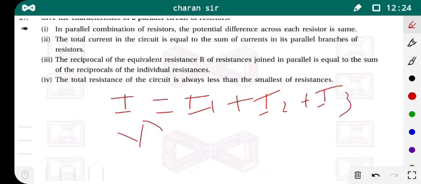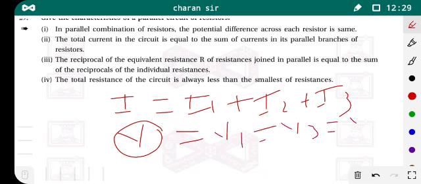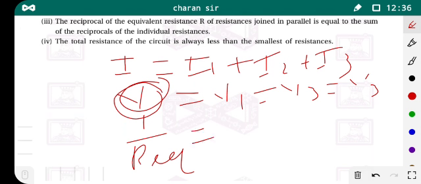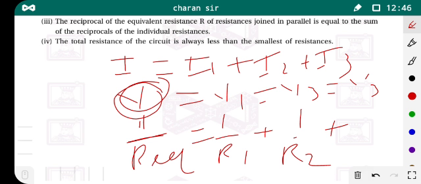The voltage is equal across each and every resistor, so we take V. And the reciprocal of the equivalent resistance is equal to the summation of the reciprocals of the individual resistors.